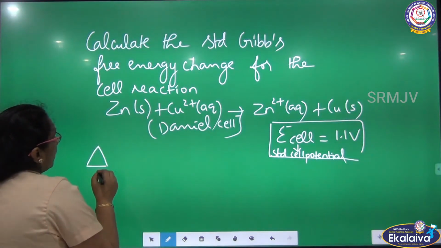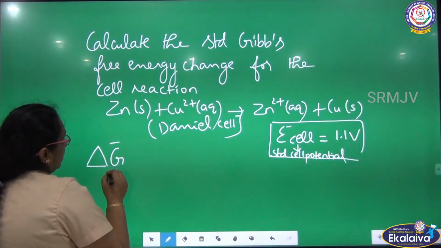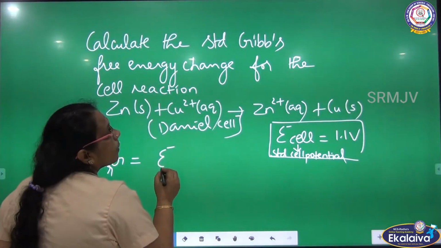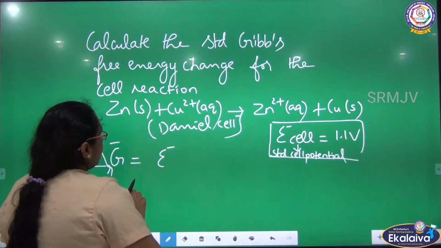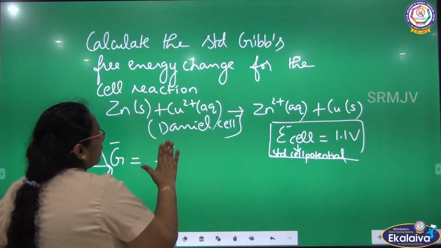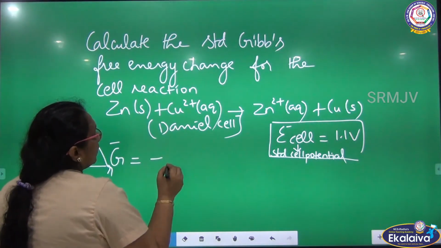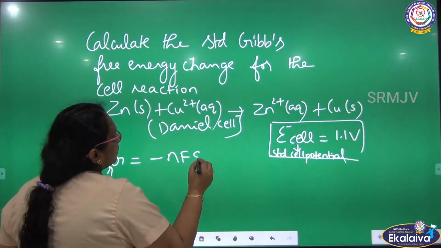Let us write the formula. Delta G dash R is equal to minus NF E dash cell.